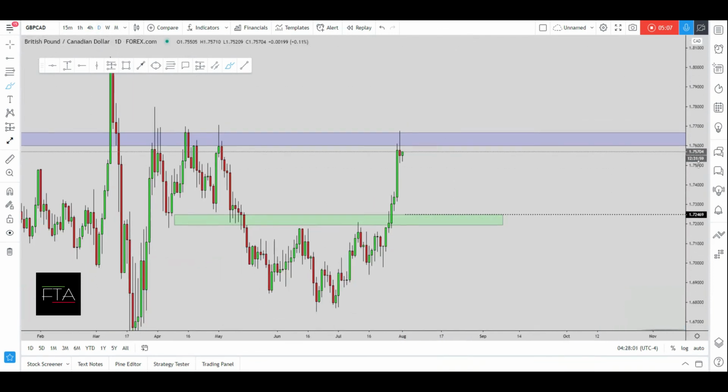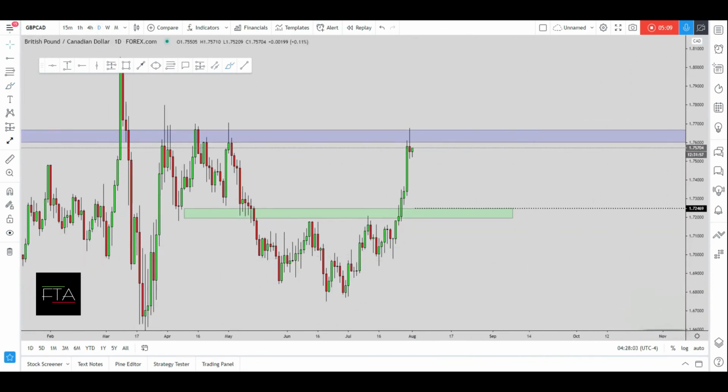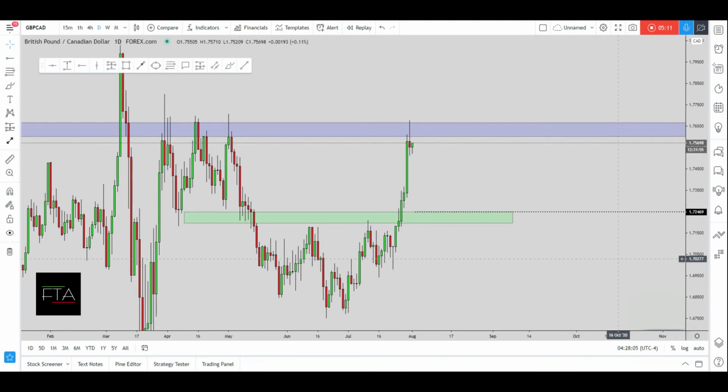So how will we be approaching this situation with students? As usual, we will be approaching the market from a reactive perspective and not predictive, because trading is reactive, not predictive. So what we will be doing is monitoring price action inside of this area from a 4-hour perspective, waiting for the market to shift from a bullish to a bearish market.